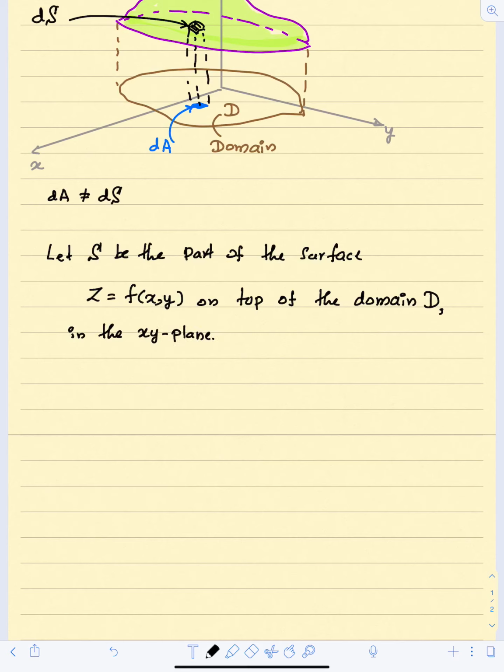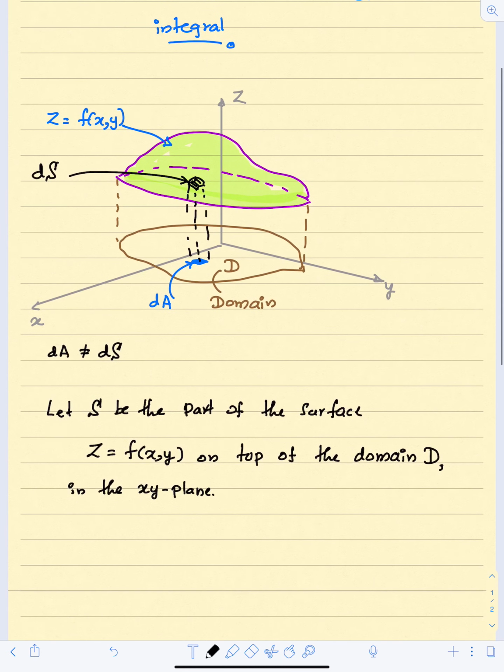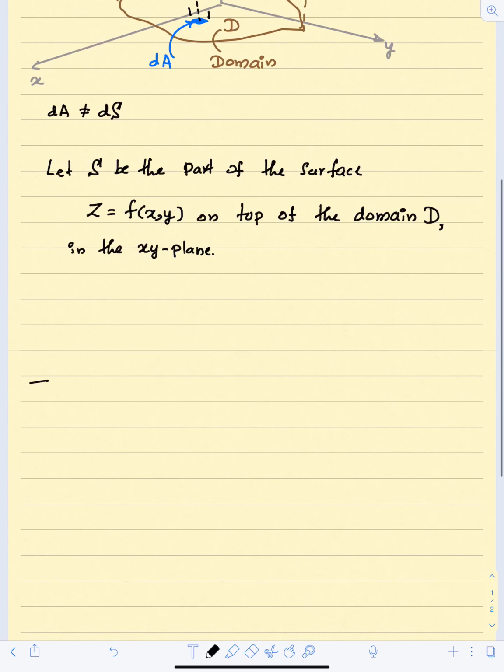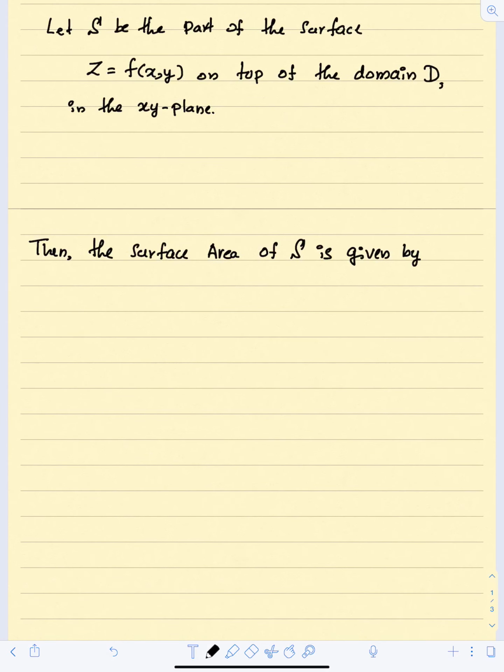Okay, now then the surface area of S is given by this equation. So surface area equals the double integral of 1 dS.